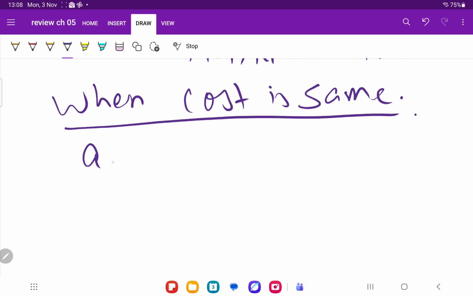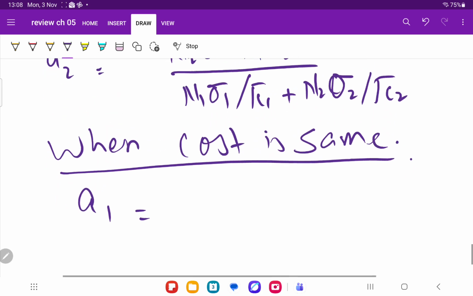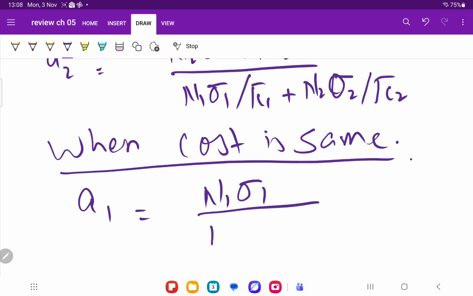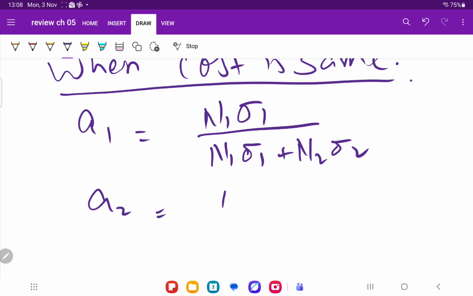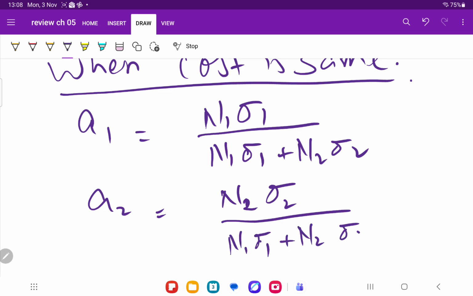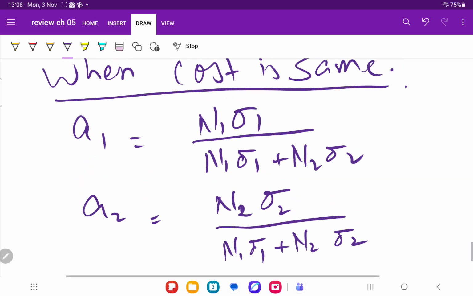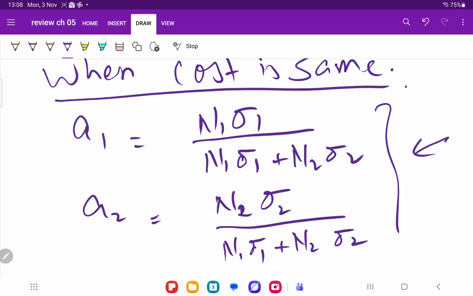So A1 will be N1 sigma 1 divided by N1 sigma 1 plus N2 sigma 2, and A2 will be N2 sigma 2 divided by N1 sigma 1 plus N2 sigma 2. So when the cost is the same, your formula will be reduced to that.